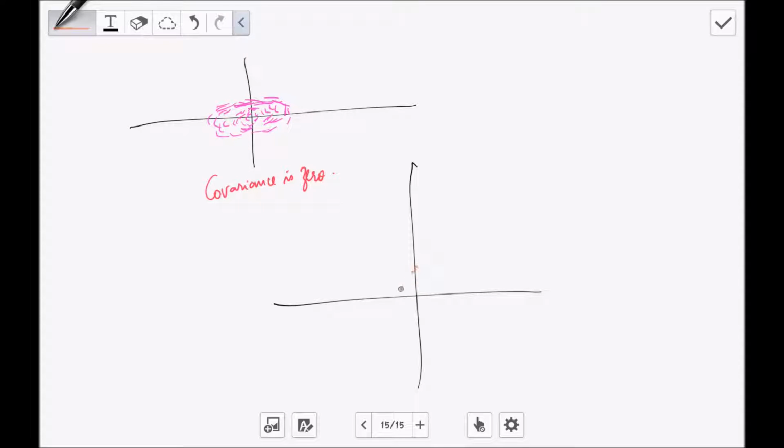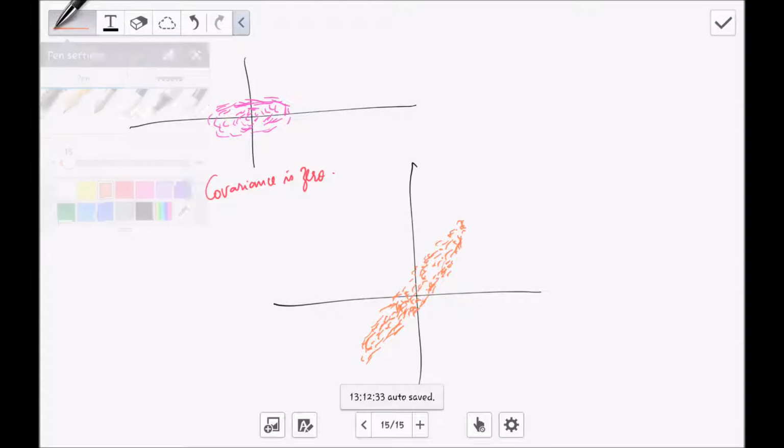What is covariance for this case? It is positive. Yeah, positive. Because most of the points lie in the first and third quadrants where the product of the two coordinates is positive. So covariance is positive here.